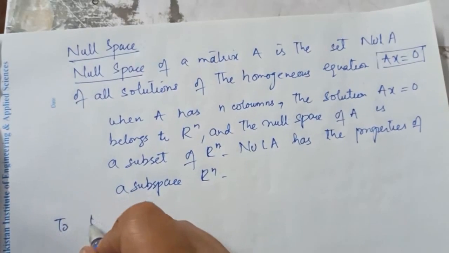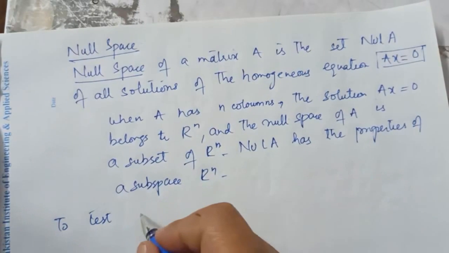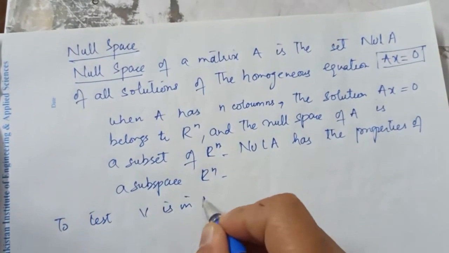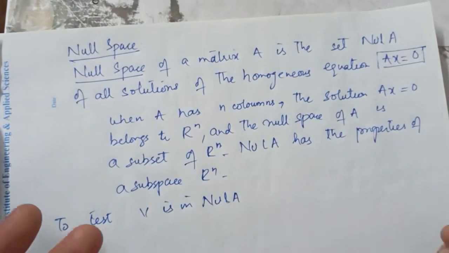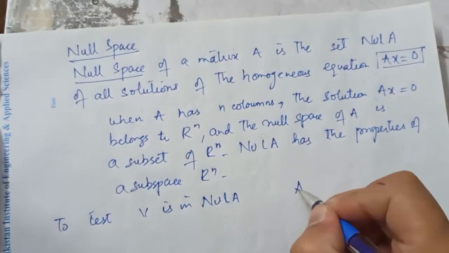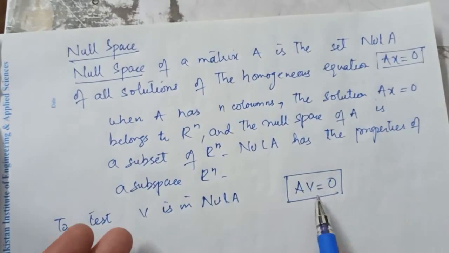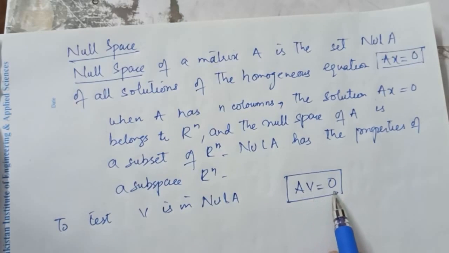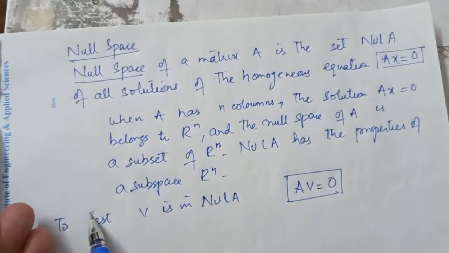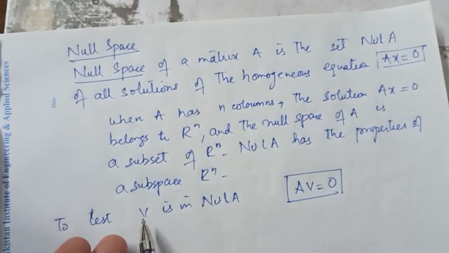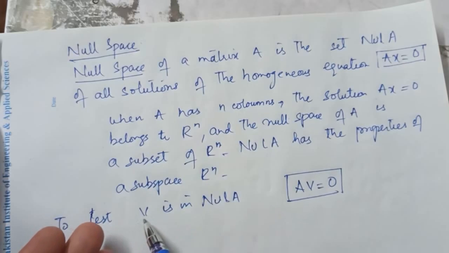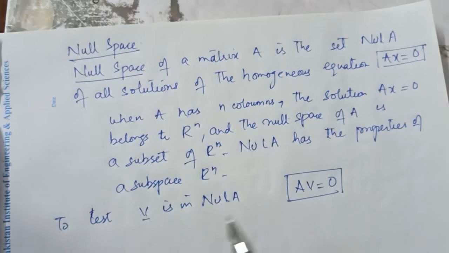To test if a vector v is in Null A, we just compute Av and see whether Av is a zero vector. If Av is equal to 0, it means v is in Null A. If it is not, then it is not in the null space of A.